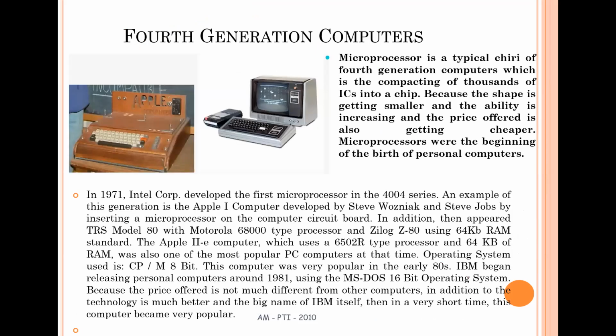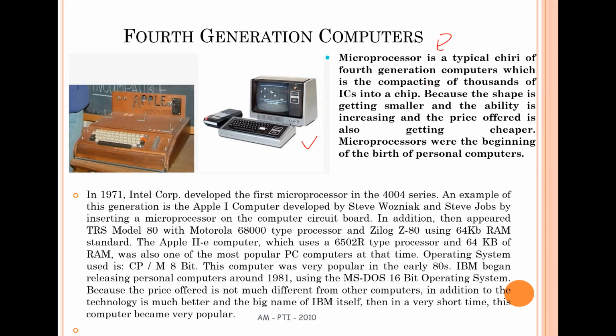Yeah, and then we continue with the fourth generation. Here we've got the microprocessor. Here is the shape of the device that we all know. Probably looks like the old TV. Yeah, in the 80s, TVs like that. Yeah, the tube TVs. Here, the name of the fourth generation computers is microprocessor.